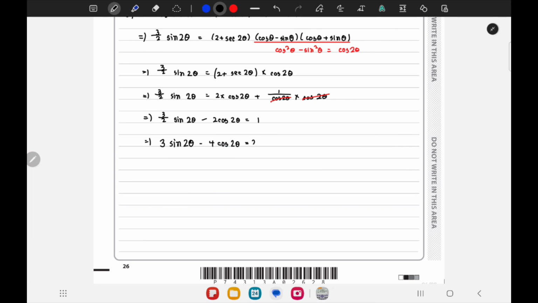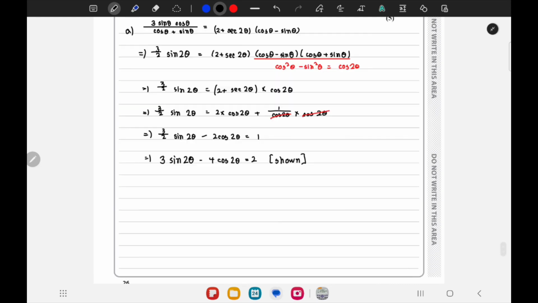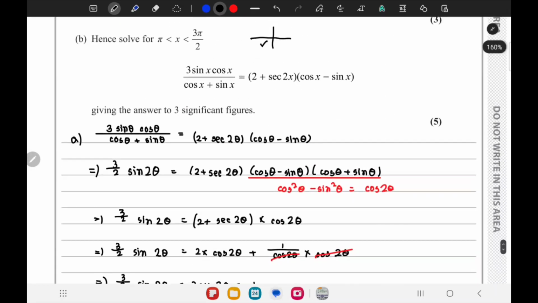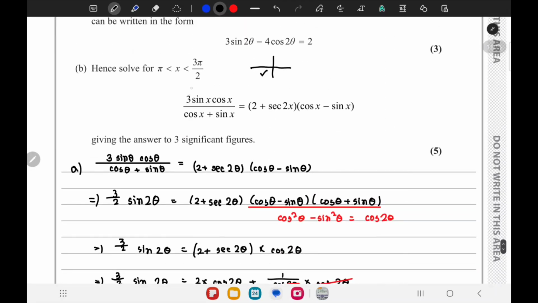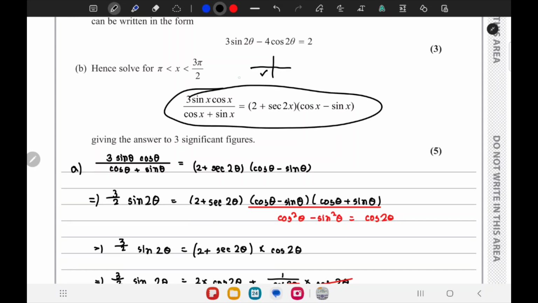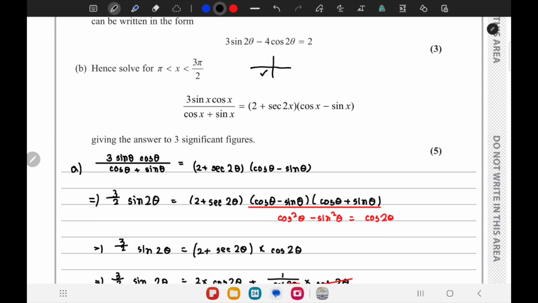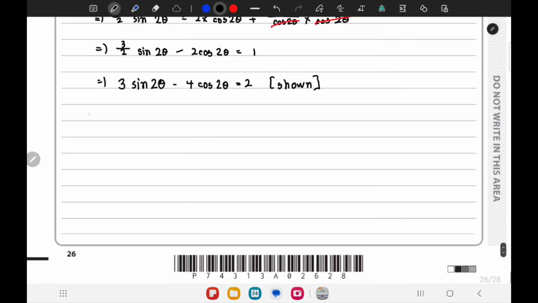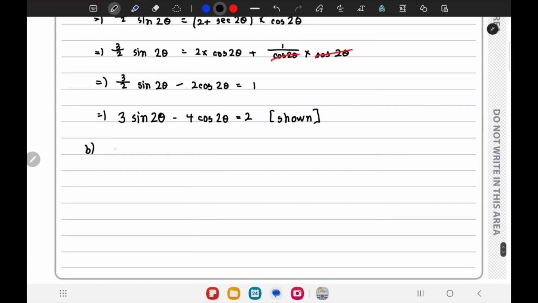This is what we had to show in part A. Now in part B we are given the same function, instead of theta we have x. So 3 sine 2x minus 4 cos 2x equals 2, and we have to solve it.